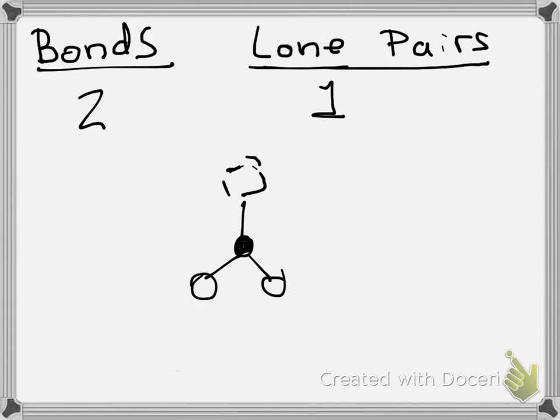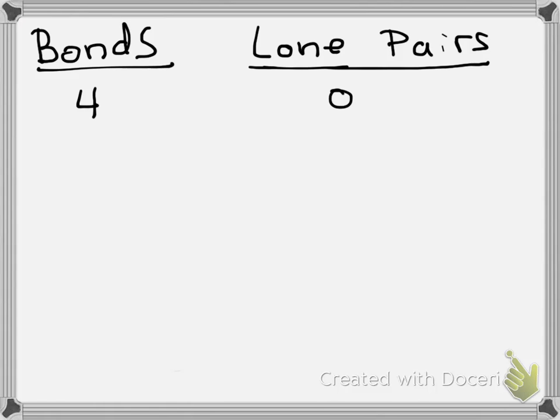The lone pair. So it's polar because it has this lone pair of electrons right here, and the bonding electrons right here, and the strength between those offset each other, which makes it polar. So our next molecule has 4 bonds and 0 lone pairs, which makes this guy tetrahedral.